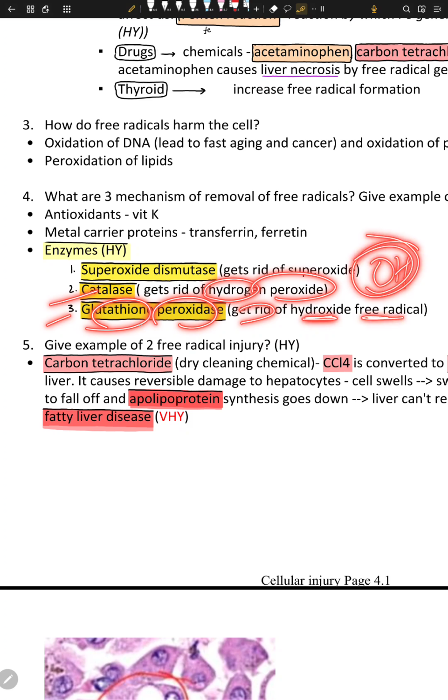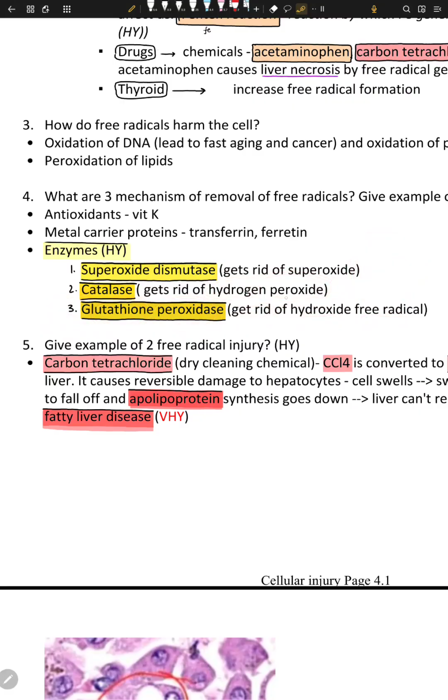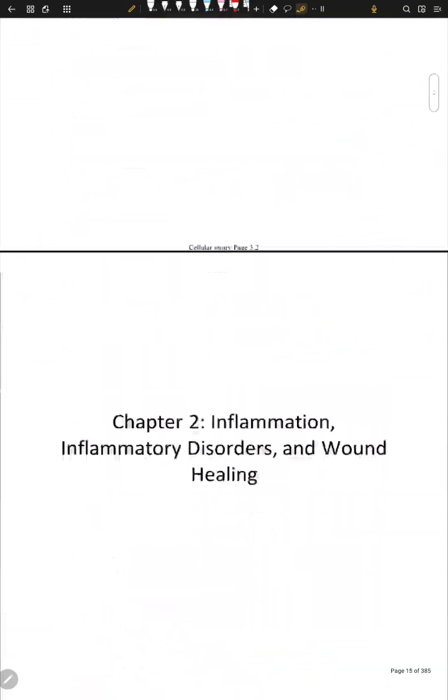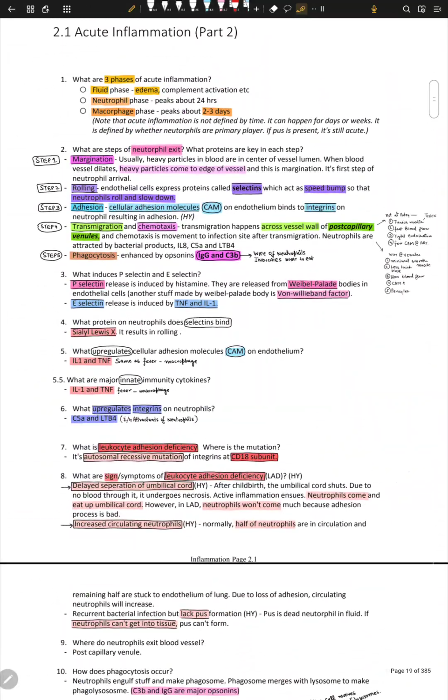To get rid of H2O2, we need catalase, and to get rid of superoxide, we need dismutase. But to convert that, which thing? Let's see.